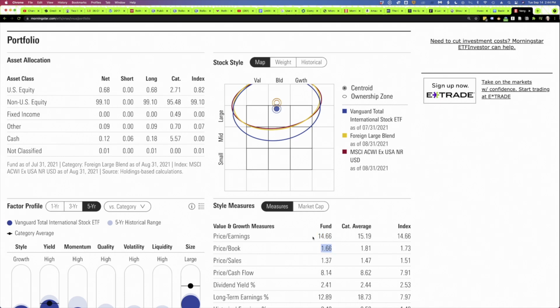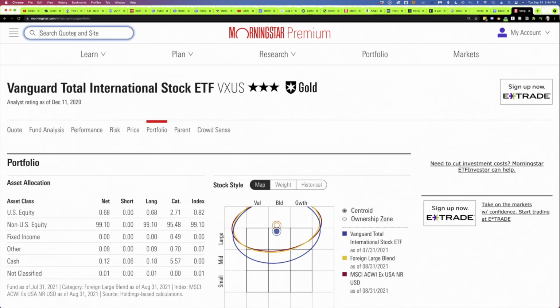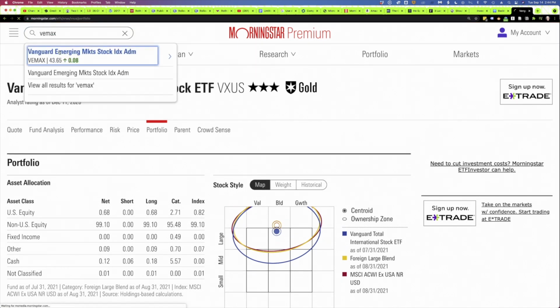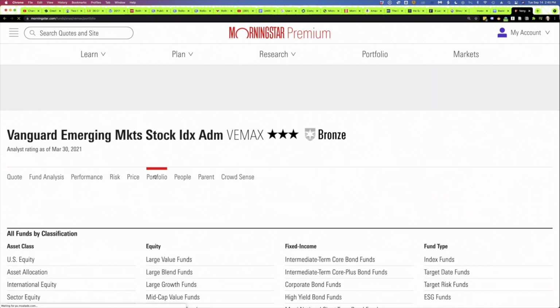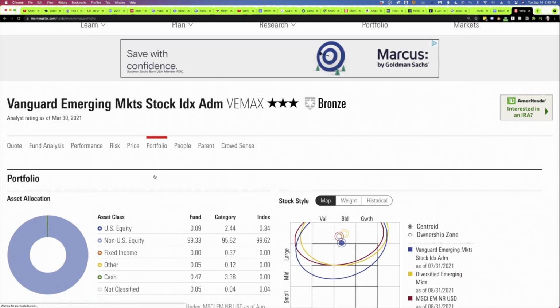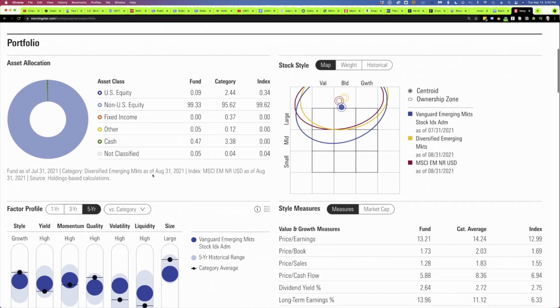But the point is, international stocks on a price to earnings valuation are significantly cheaper than US stocks. And the same would be true, by the way, if we focus just on emerging markets. This is the Vanguard Emerging Market Fund. I own this fund. And if we look at the PE, yeah, it's even cheaper, 13.